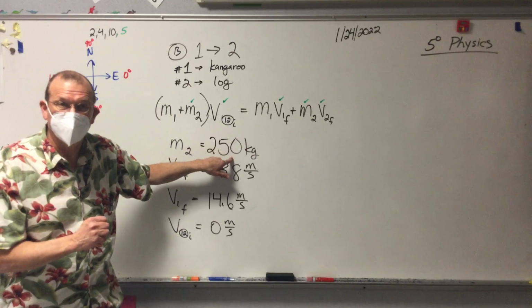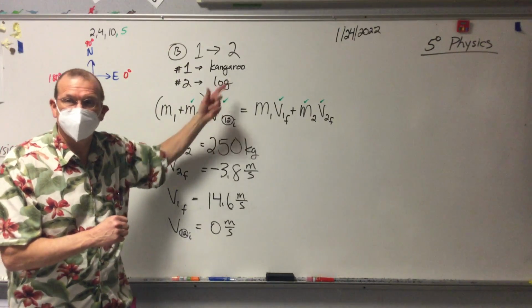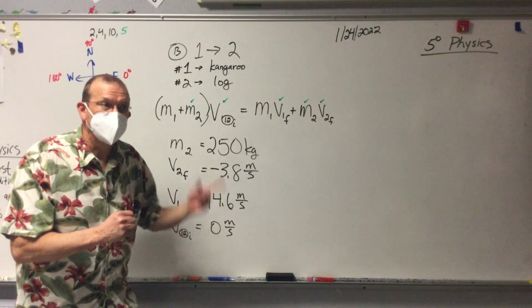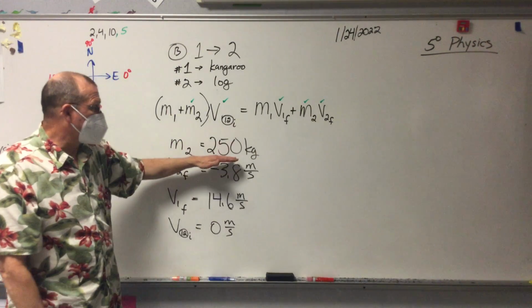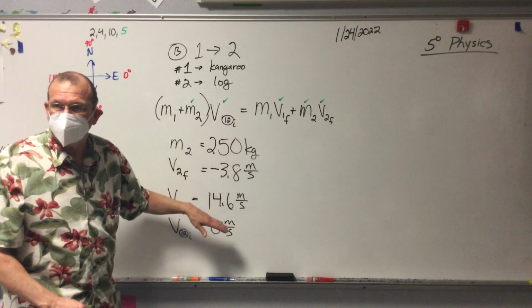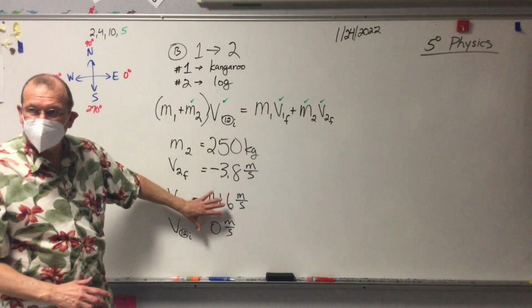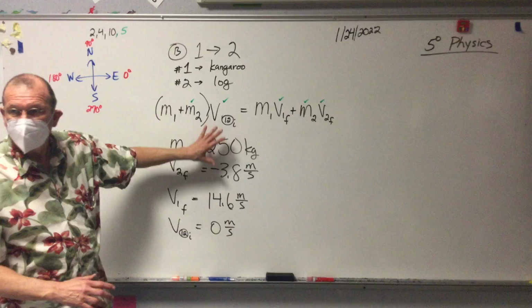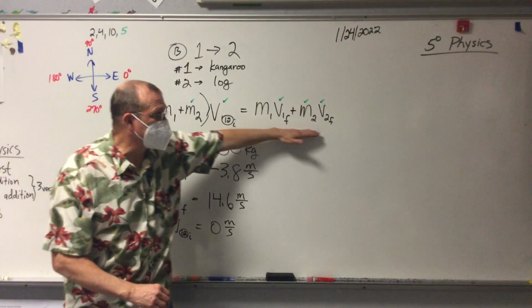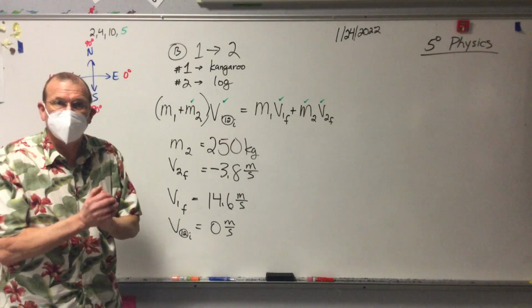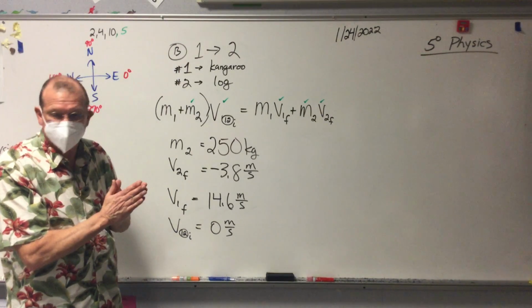What would I need to do before I started plugging numbers in? Convert to kilograms, because we need everything in MKS units. So keep an eye out for any conversions that you might have to do. Because remember, before you start to plug things in here, you need to have them in meters, kilograms, and seconds.